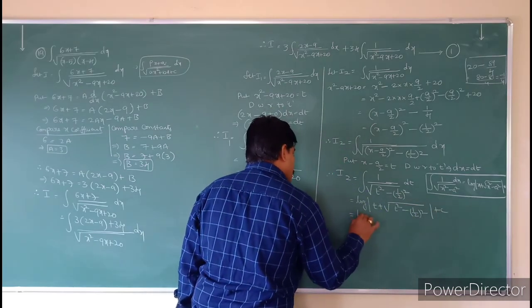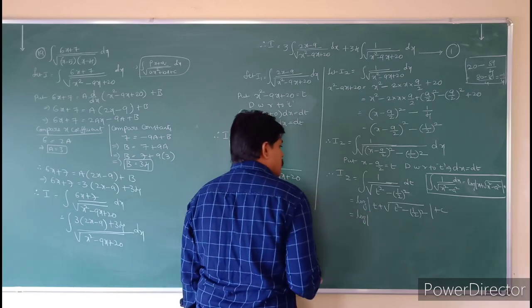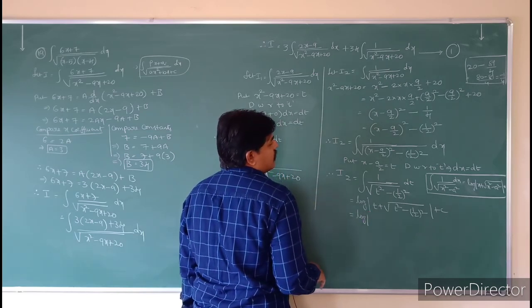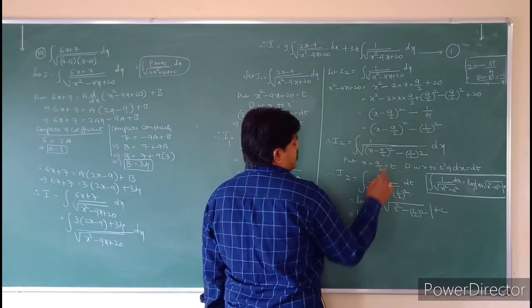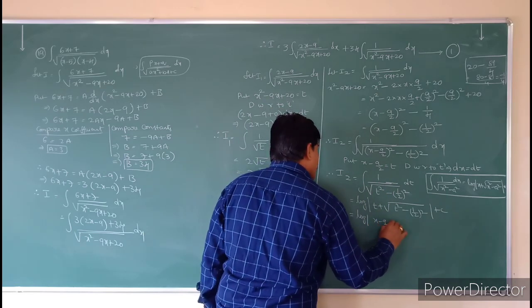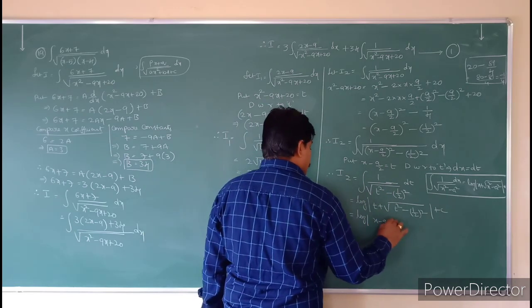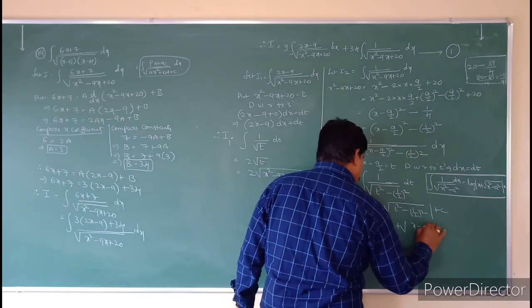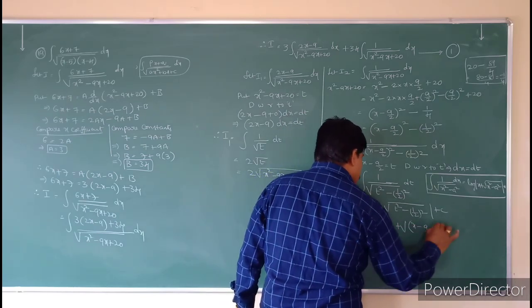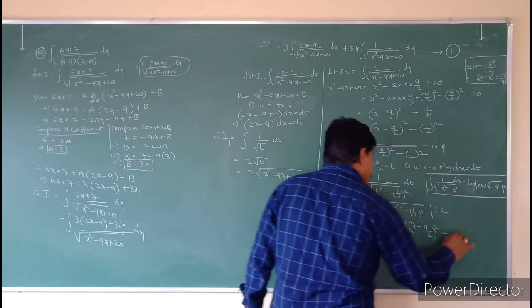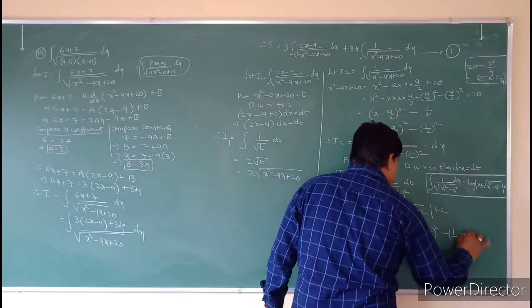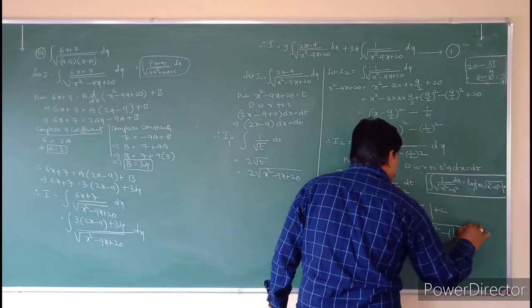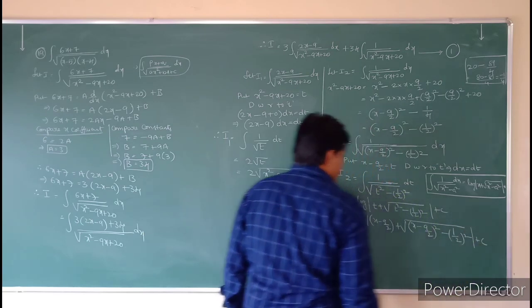So that is equal to log mod, what is the t value? t is nothing but x minus 9 by 2, plus root of x minus 9 by 2 whole square minus 1 by 2 whole square, plus c.